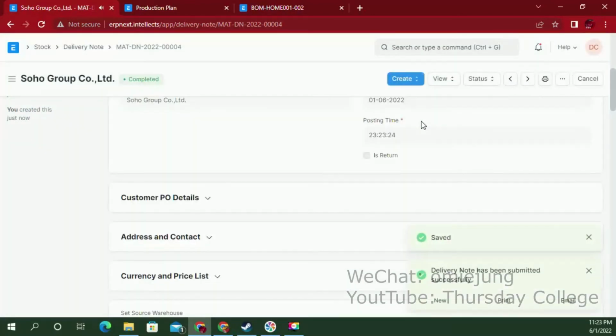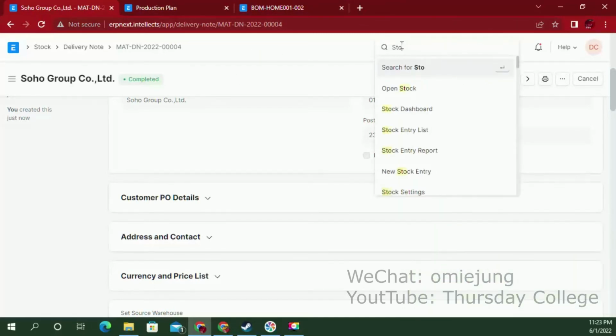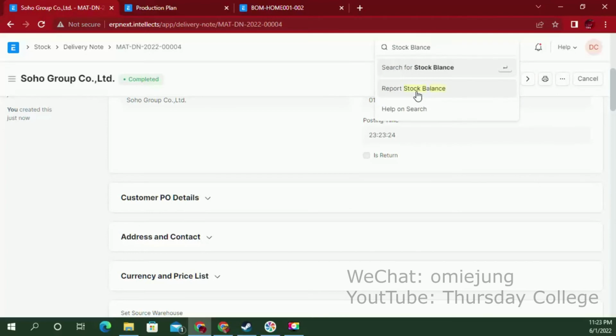So after we deliver already, we continue with the payment process, and then later on you just realize that the one you did leaves you with product left over. So suppose I check the stock balance.